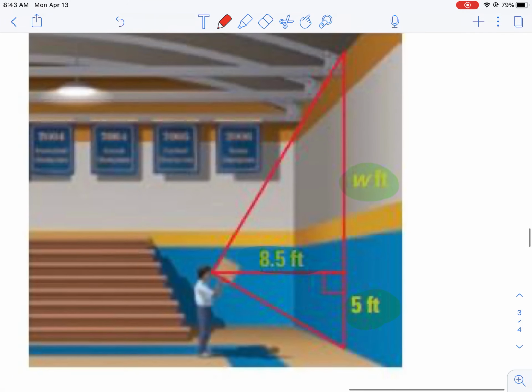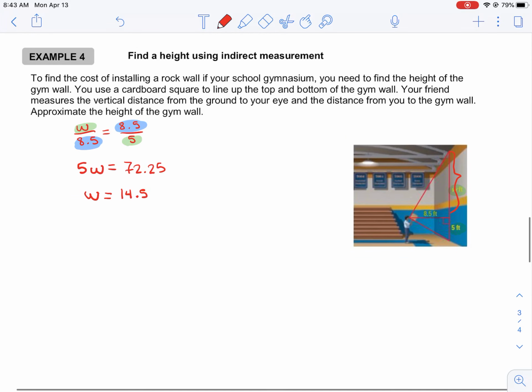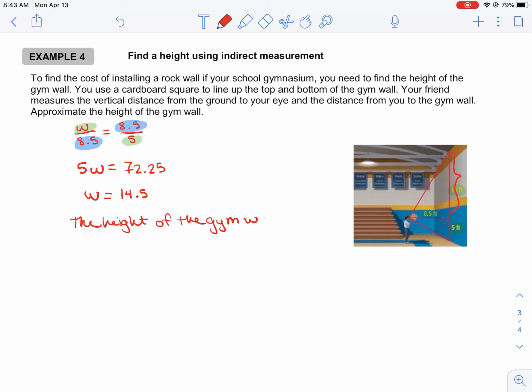Remember, W is just this part right here. So we have to add 5 to it. Okay, so the height of the gym wall is 14.5 plus 5, which equals 19.5 feet.